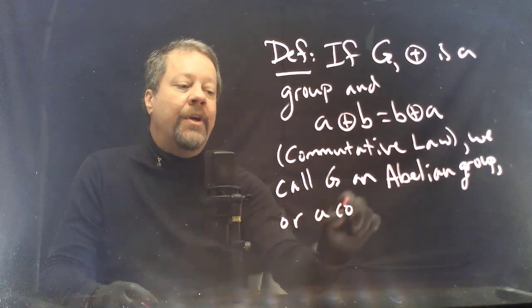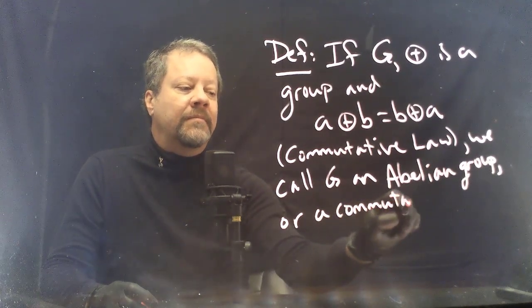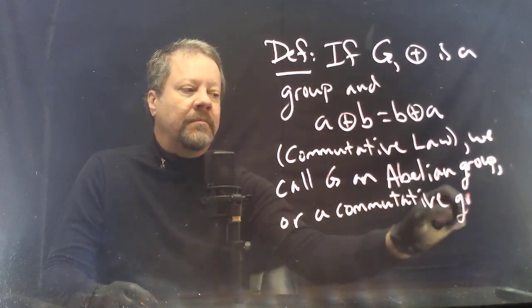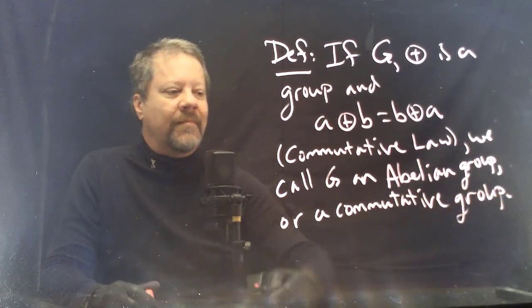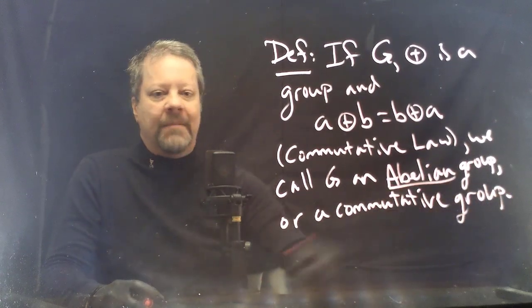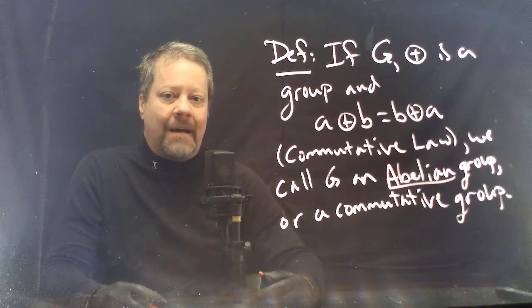Or a commutative group. We call it abelian because of the famous mathematician Abel.